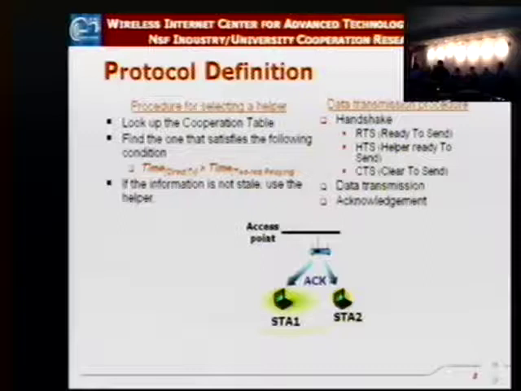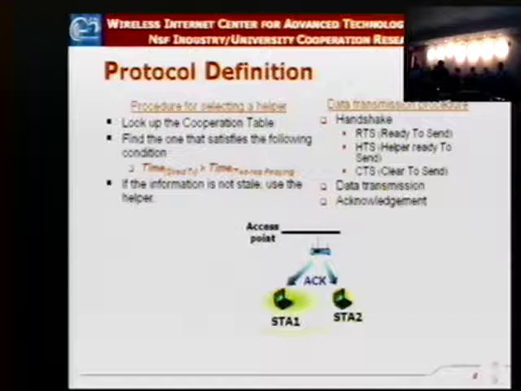If there is no HTS to send, then the 2 stations will continue the transmission in the direct mode. Station 1 will send RTS, CTS is postponed, and there is no CTS, for example. Station 1 is able to send to the access point directly.